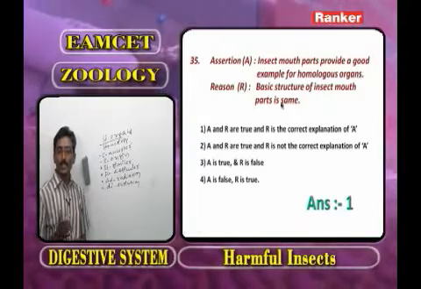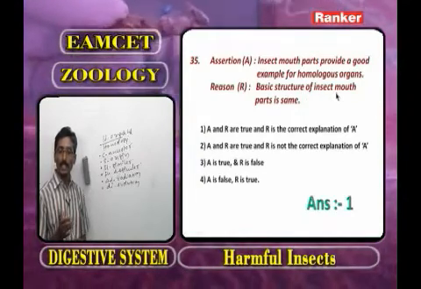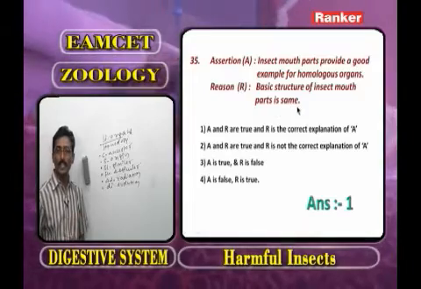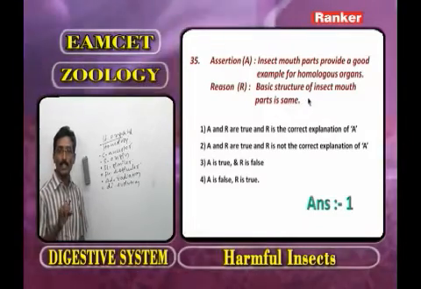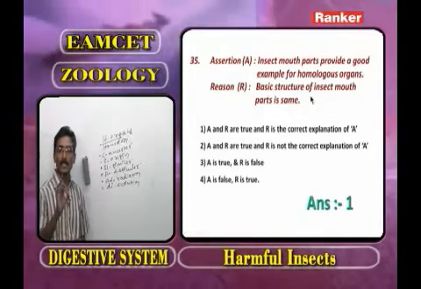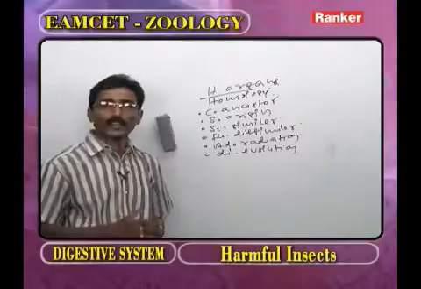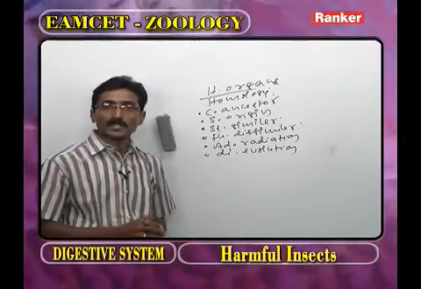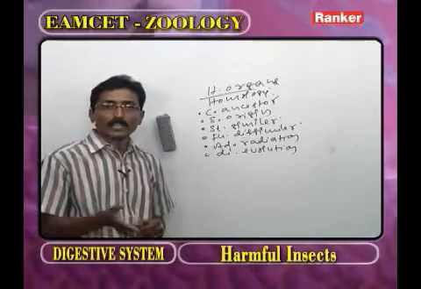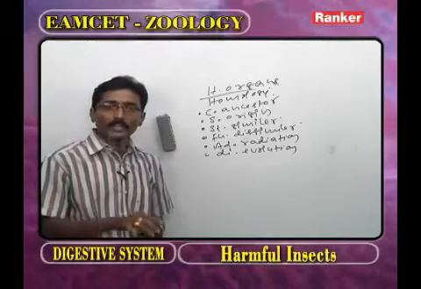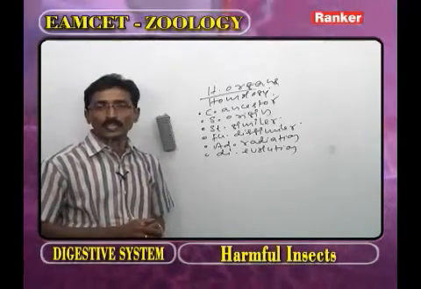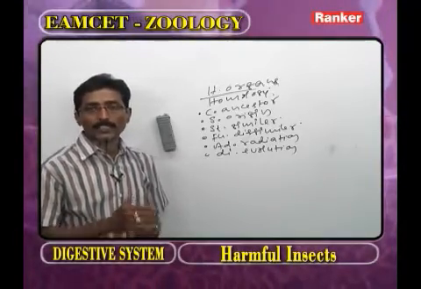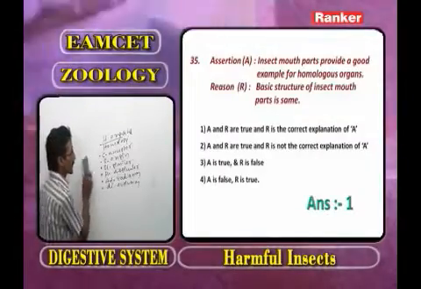The reason: the basic structure of all insect mouth parts is one and the same. Piercing and sucking, sponging and sucking, siphoning, and lapping and chewing mouth parts are all fundamentally derived from the biting and chewing type. So both are correct and R explains A. Now we go for the next question.